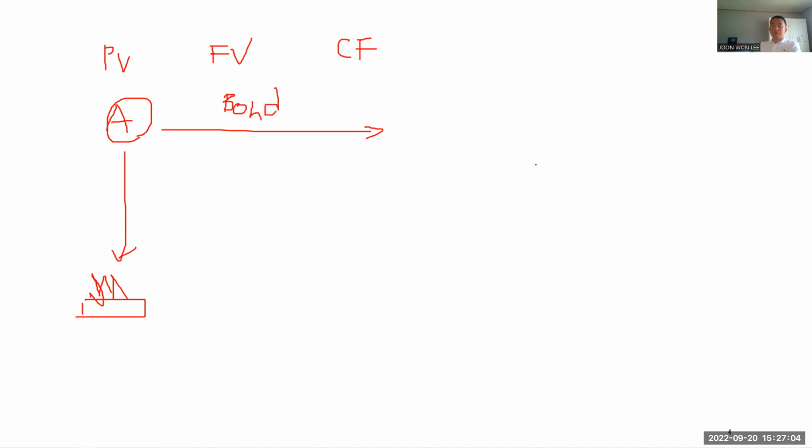Okay, so Yana has some extra money in a savings account, and she is interested in this company. This is a chocolate company. She is crazy about chocolate.